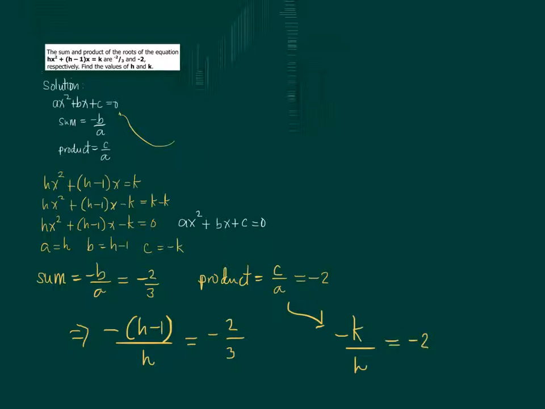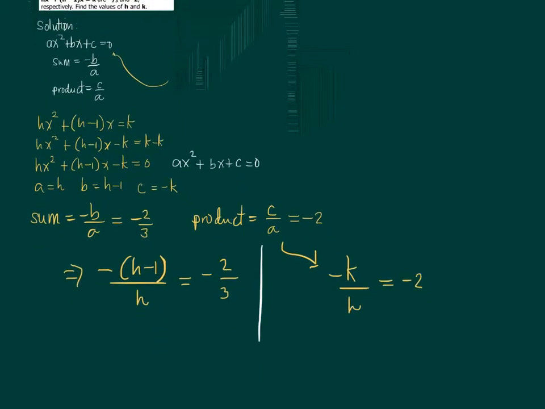So we need to solve each equation separately. On the first one, this is the same as negative h plus 1 over h is equal to negative 2 over 3.